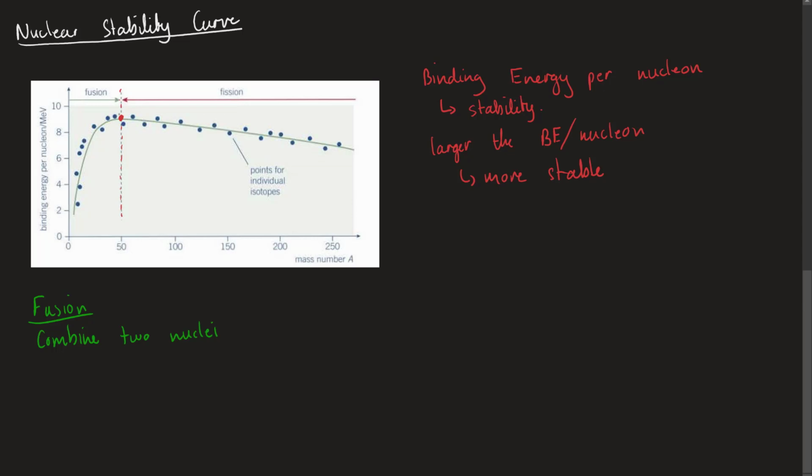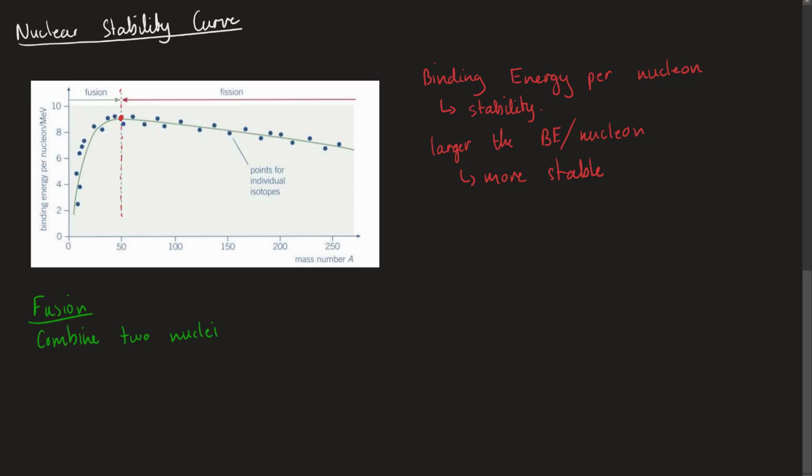But what this means is that anything below this does not have a large enough binding energy such that if we were to split it apart, it would end up giving out a considerable amount of energy. It will still give out an amount of energy, but it's not a vast difference.